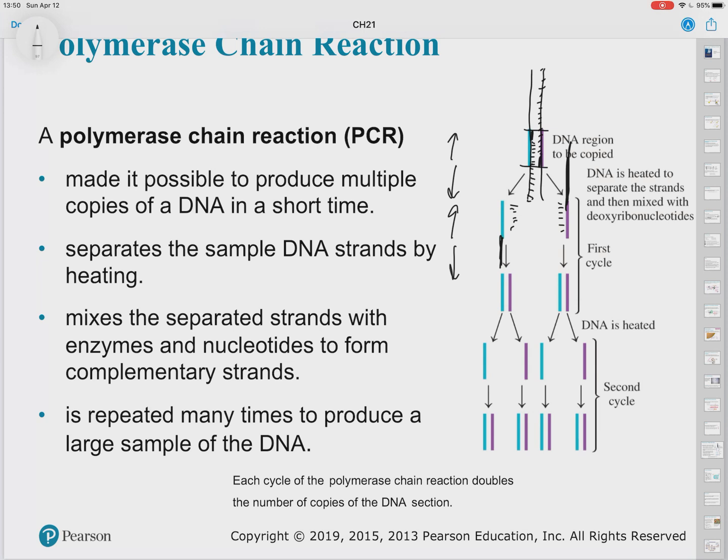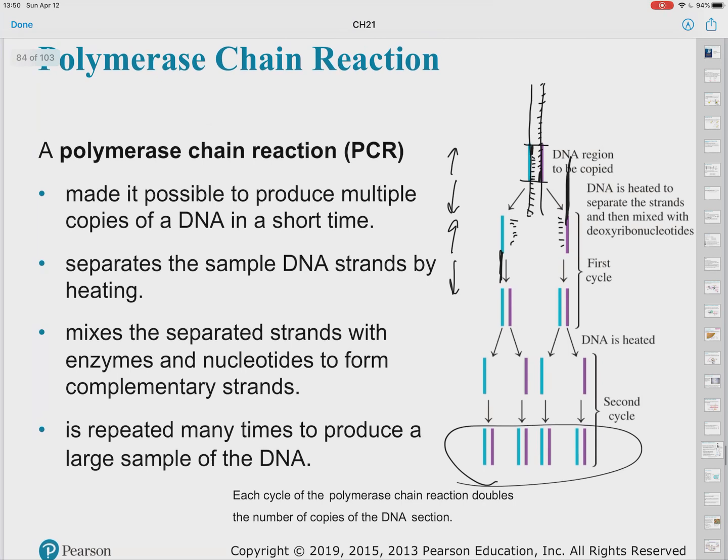And then when that gets separated, and copied again, the primers again go and recognize the individual starting spots. By the end, we end up with only amplifications of that gene. And so it's a really neat process.